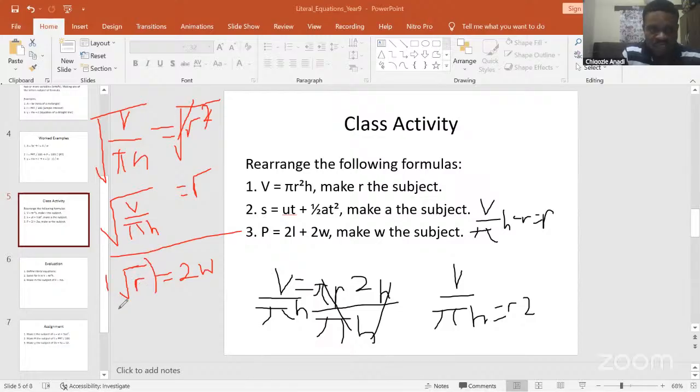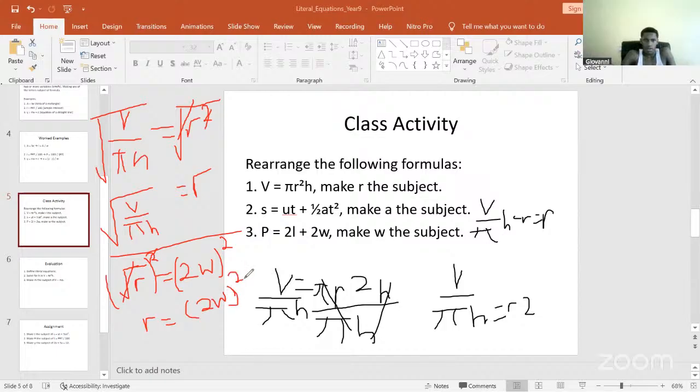So this is going to be the square of the square root of r, and this will now be the square of 2w. So this square cancels out the square root, and I'm left with r is equal to 2w squared. Are you seeing this now? Do you get this? Yeah, I understand that. Okay, very good. So maybe you can write it down just to take notes.